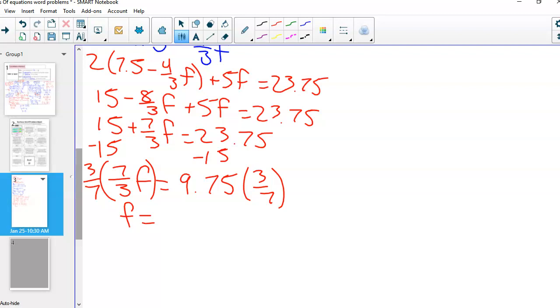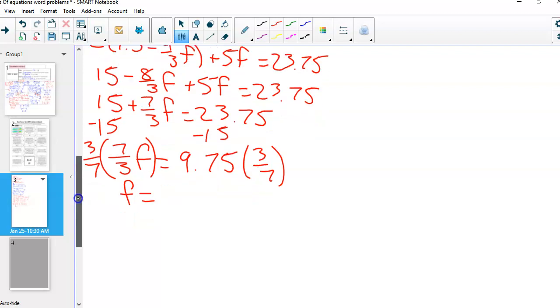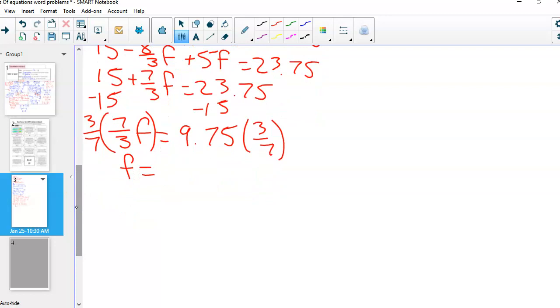So in your calculator, do 9.75 times 3/7. What do you get?